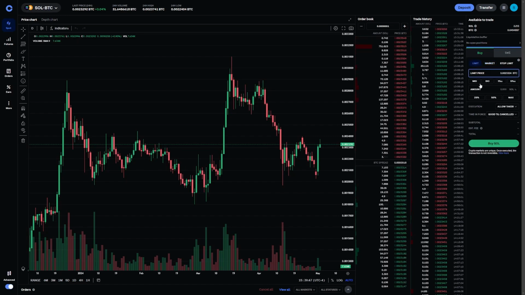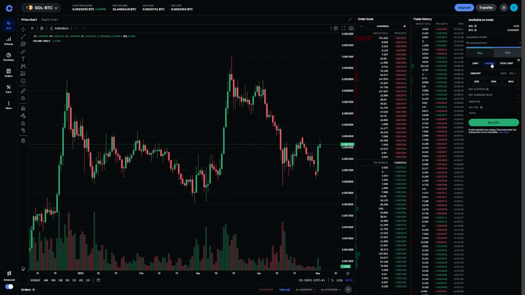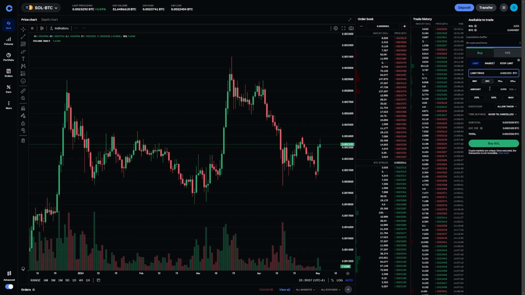Now, limit orders, again, this is going to be saying the opposite. There's more buttons over here, whereas with a market order, you're just typing in how much you want to buy, and that's it. A limit order is going to ask you for the amount that you want to buy. We'll just say one SOL, and then it's also going to give you a price. So this price is going to be representative of the chart over here. So let's just say that I want to buy at, we'll change this instead of 2.3 to 2.1.